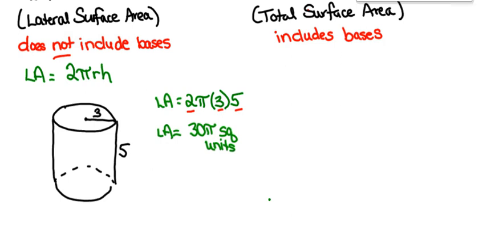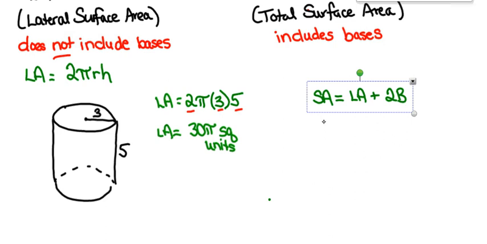And just like for the prism, the total surface area, or the surface area, is going to be made up of our lateral area plus our two bases, which are in this case in the shape of circles. So we already know that the lateral area is 30 pi, but now we need to add that to the area of two circles whose radius is 3.